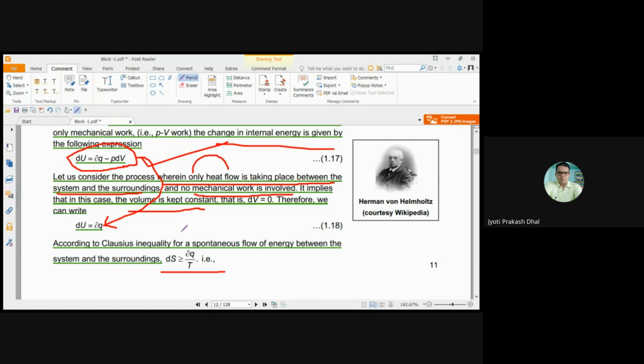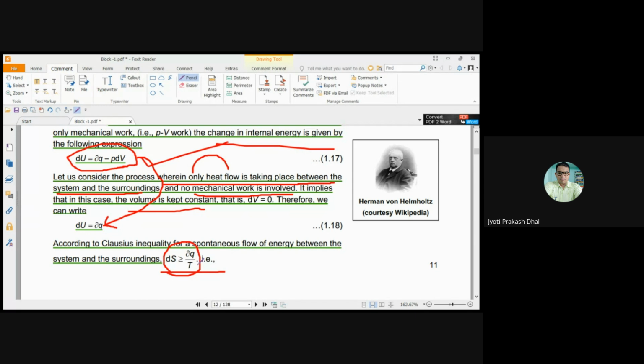If heat is flowing from surroundings to the system, then the internal energy of the system will increase, and if heat is flowing from system to surroundings, then the internal energy of the system will decrease, and here dV equals 0. So now we put in the Clausius inequality for a spontaneous flow of energy between the system and surroundings, because this is the Clausius inequality.